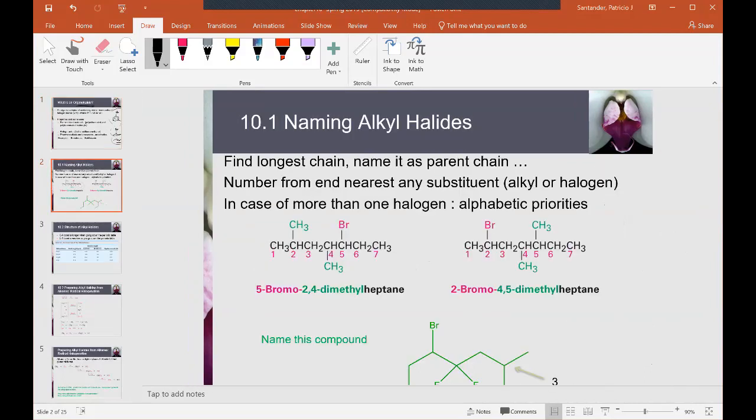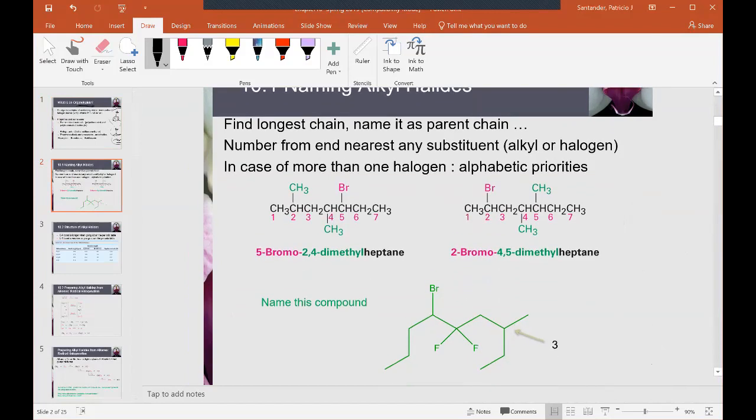First thing that we need to take care of is the nomenclature, the naming of the compounds. So we will keep it simple. We follow pretty much the same rules of nomenclature that we have learned before, and I will illustrate this with this example. So first, in this particular alkyl halide, we need to determine which one will be our carbon number 1.